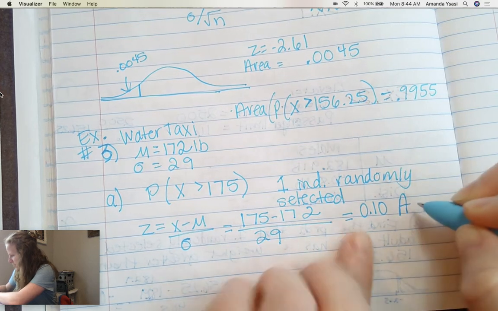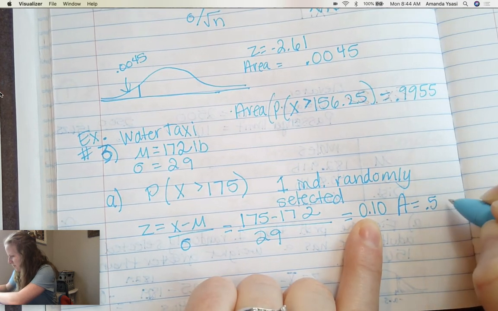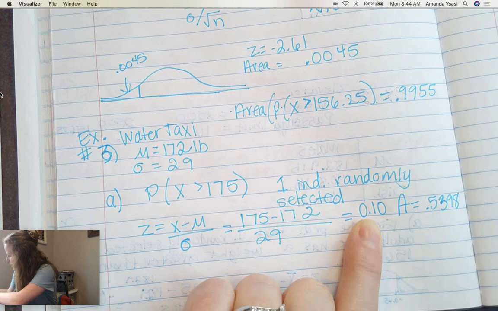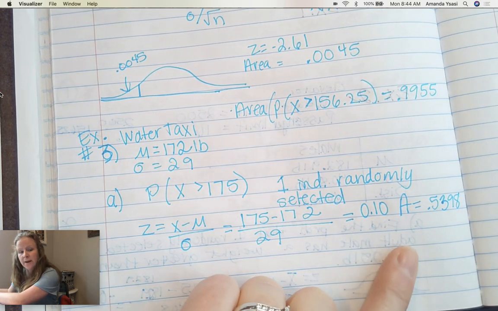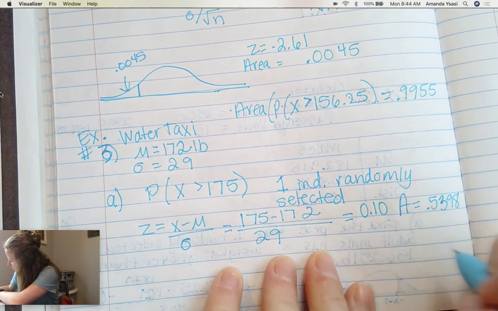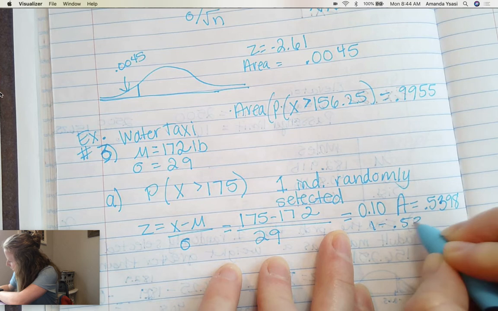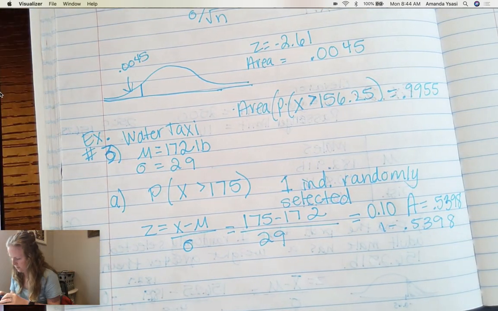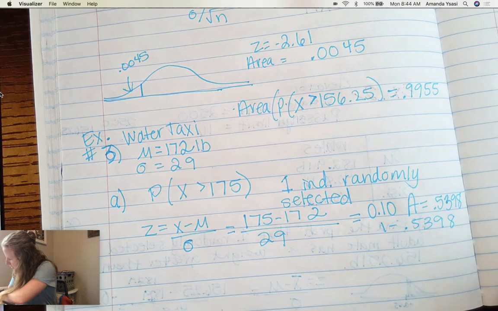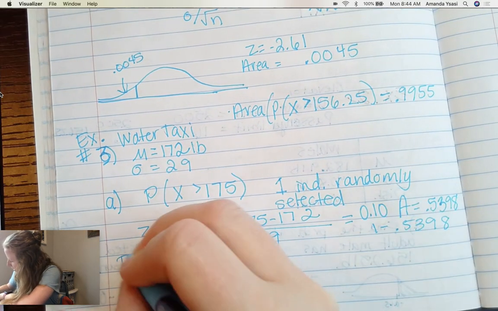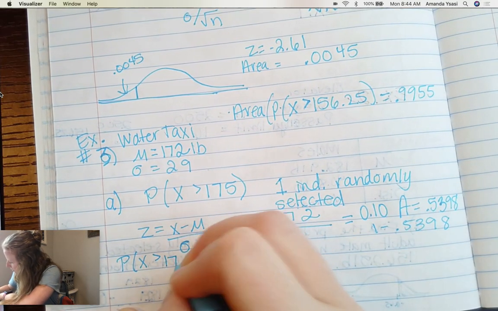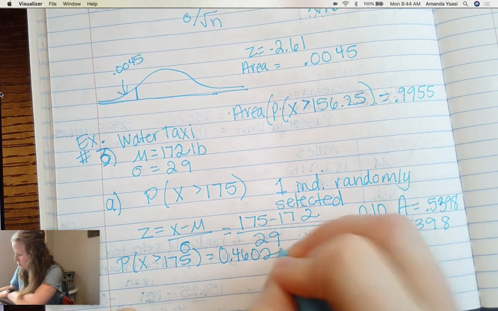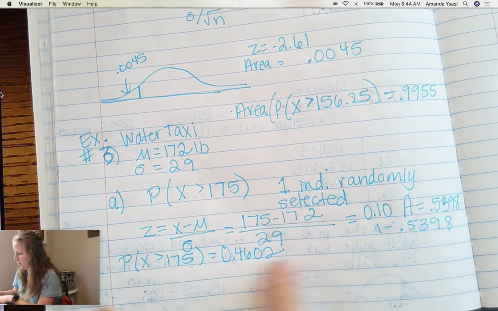I mean, our area is 0.5398. And we're talking about greater than, so we need to subtract from 1. So 1 minus 0.5398. So the probability that x is greater than 175 is 0.4602. Okay, so that's our probability.